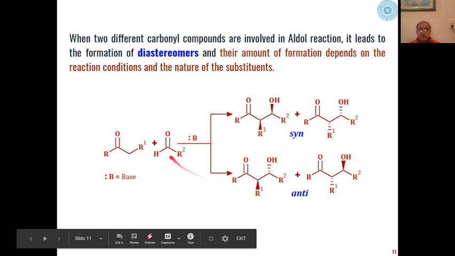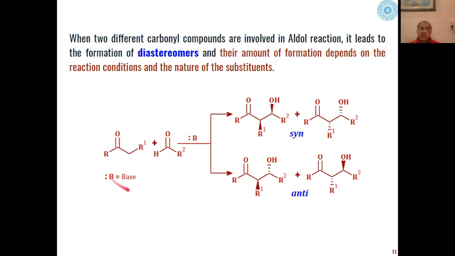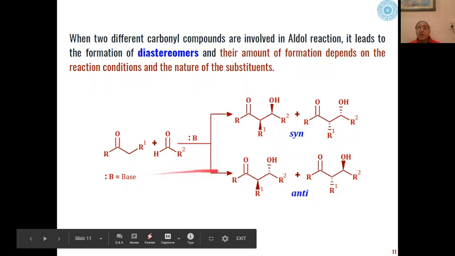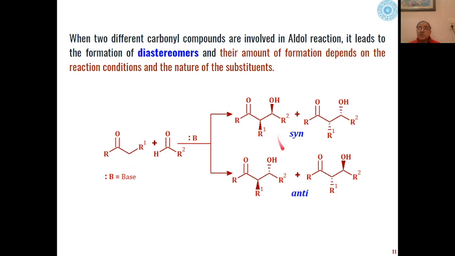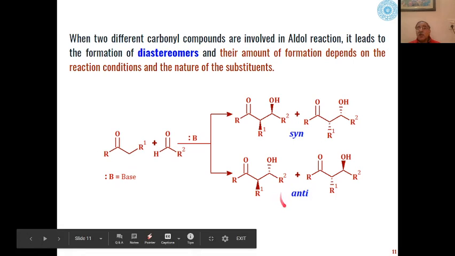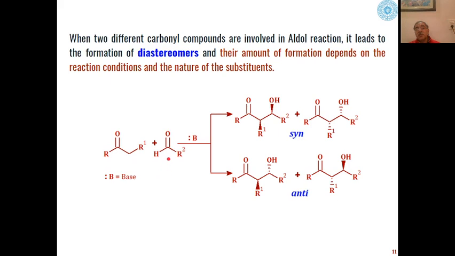Now, because of the kinetic and thermodynamic stability, when aldol condensation is done, either there is a syn addition or anti addition of one carbonyl molecule to the other carbonyl molecule, and this leads to the formation of diastereomers.